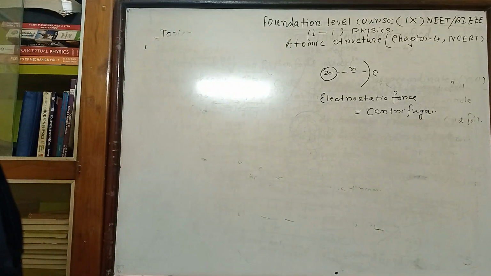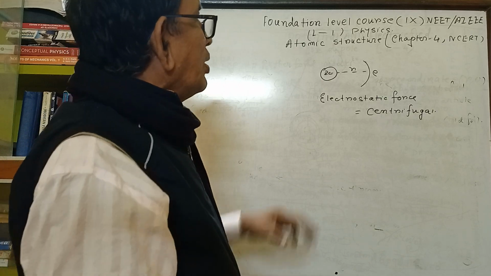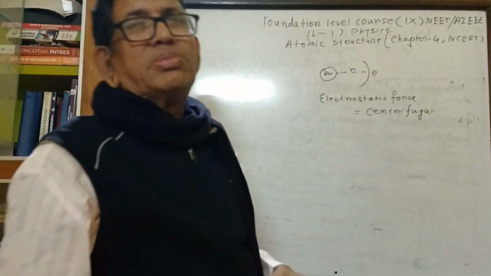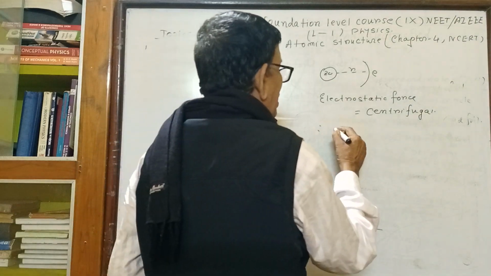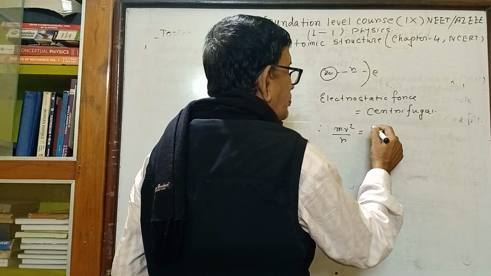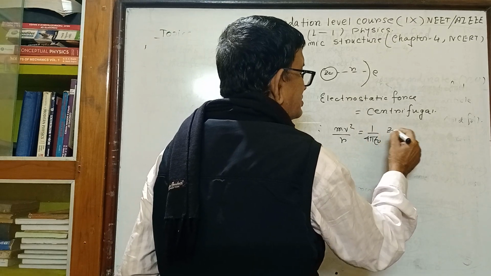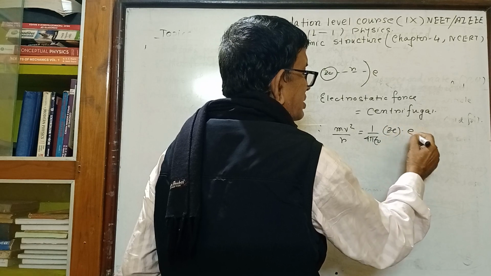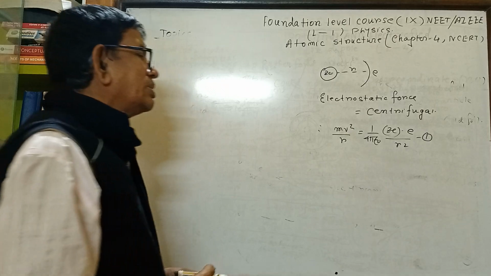Since it is a foundation level course, my dear children, always gather extra information in class 9 itself. So you can write, due to rotation, mv square by r equals the Coulomb force. You will learn it in class 10. It is the product of the charge of the nucleus and the charge of the electron by r square. This equation is satisfied in the Rutherford model.